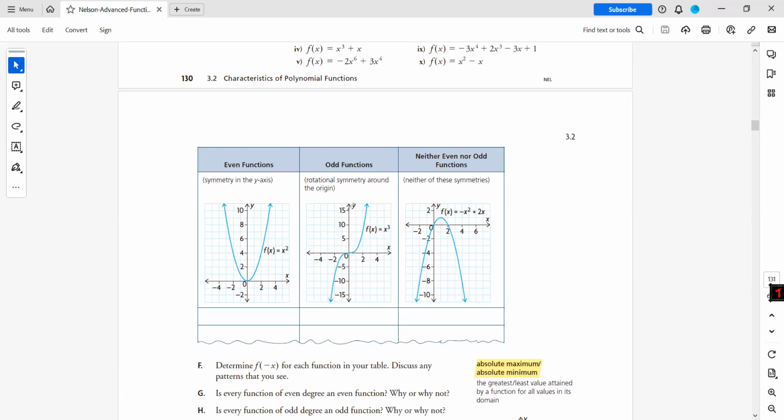Yep, but odd degree functions do not always lack maximums or minimums. Sometimes they may have local maximums and local minimums, right? For example, as an odd degree function of 7th degree, this one is degree 7.